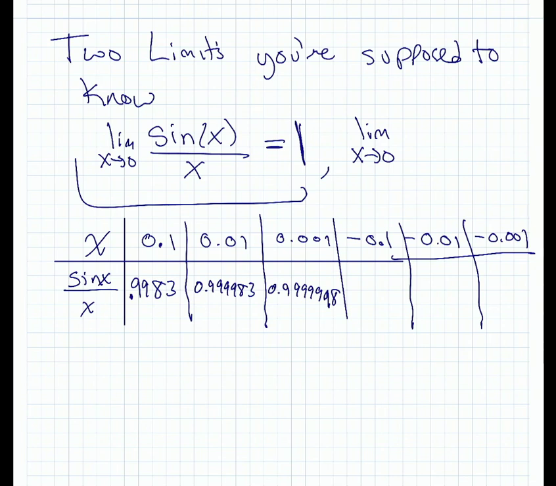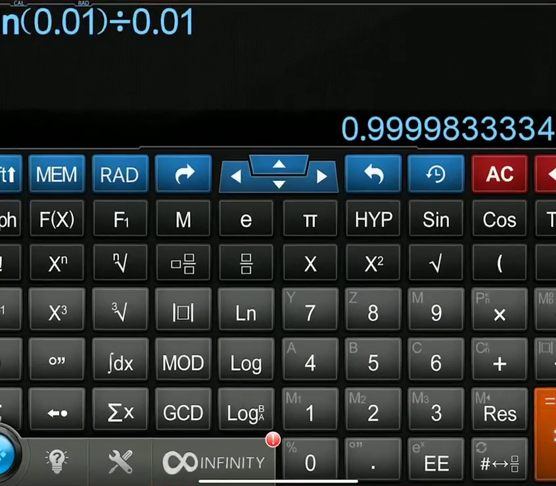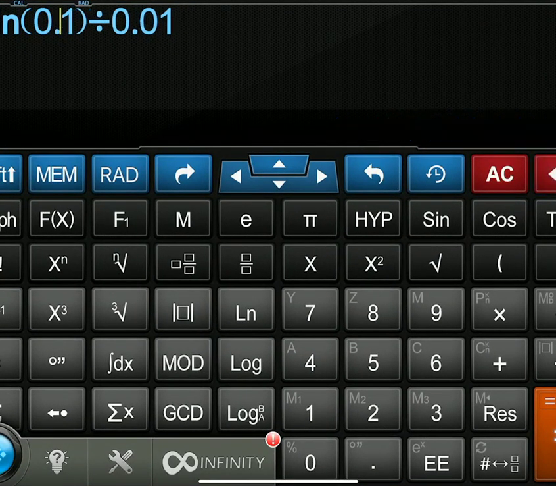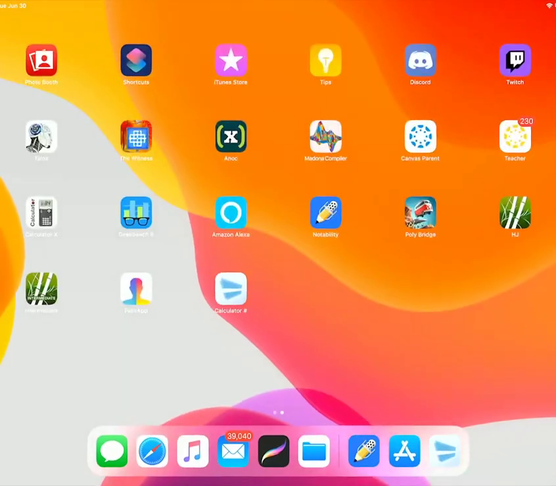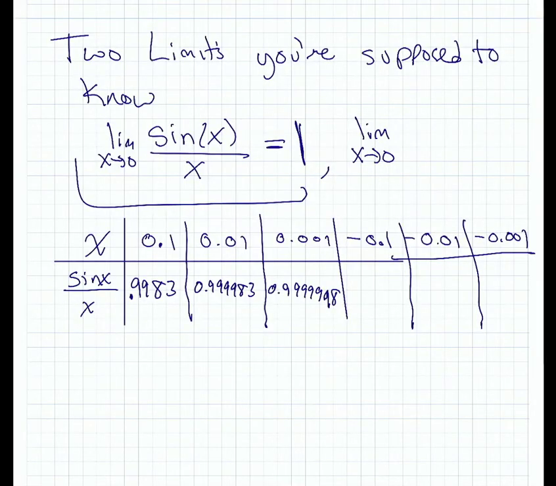You have to do this from the negative side as well. So you plug in negative 0.1. So go back here. Put a minus there. Put a minus there. Same number. The minuses don't matter for this one. So this is 0.9983.